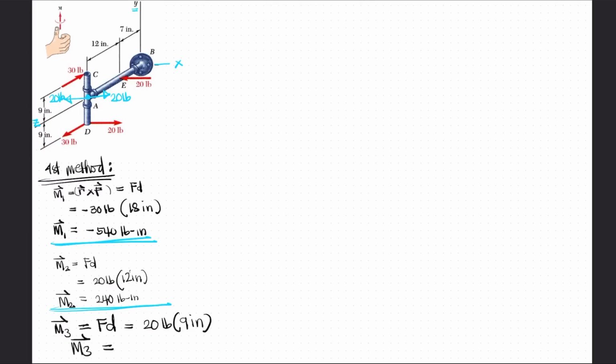M3 is therefore 20 times 9, or 180 pound-inch.